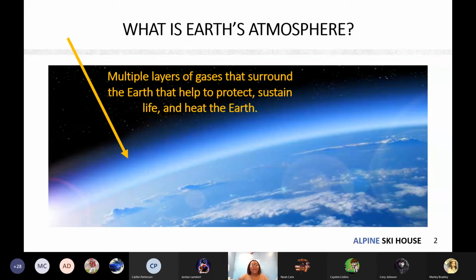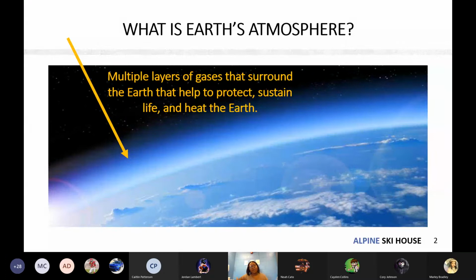What's the purpose of our atmosphere? It's to help protect, sustain, which means to keep life, and heat our Earth. There's a thin layer of gases that surround our entire Earth that help us keep living here safely, and help to heat our Earth.